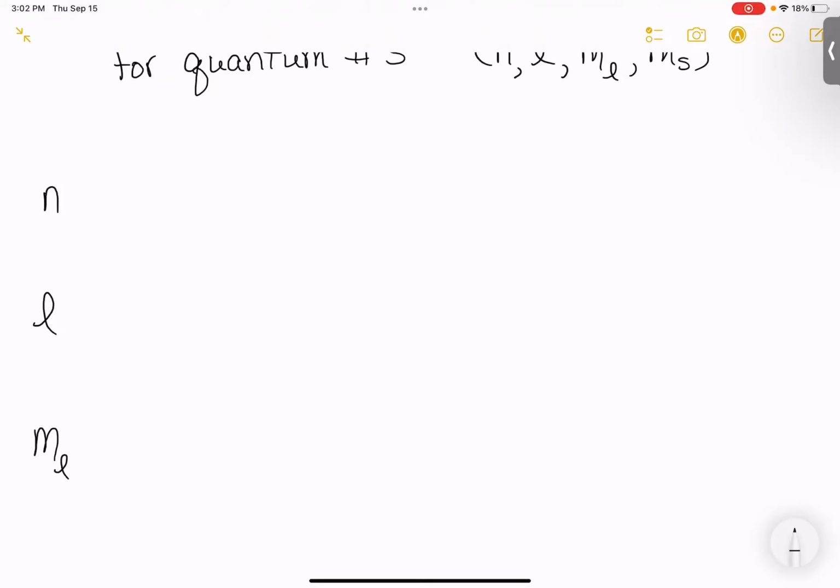You have n and l. Now, l had the rule, it had to be between 0 and n-1 if we're looking at a number line. m sub l has to be negative l to plus l if we're looking at a number line.